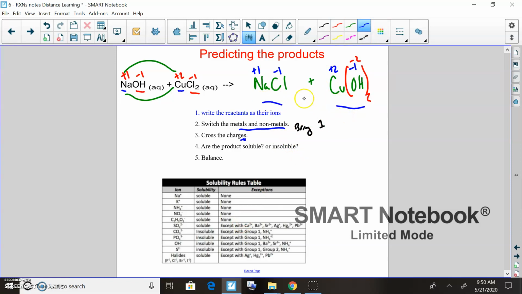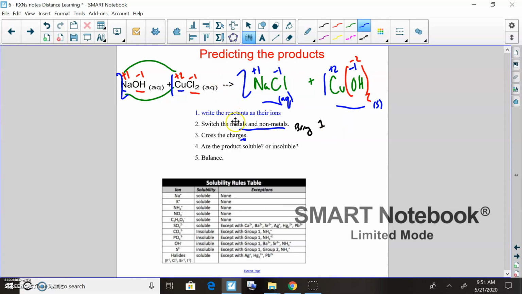I see sodium chloride, that is aq, and copper hydroxide, OH, is insoluble, so that is a solid. Then we can balance the whole equation. So I'm going to go 2, 2, 1, 1. So that is an A-level question for us today during distance learning.